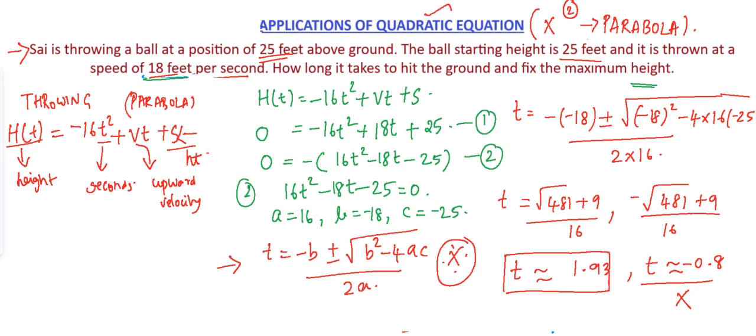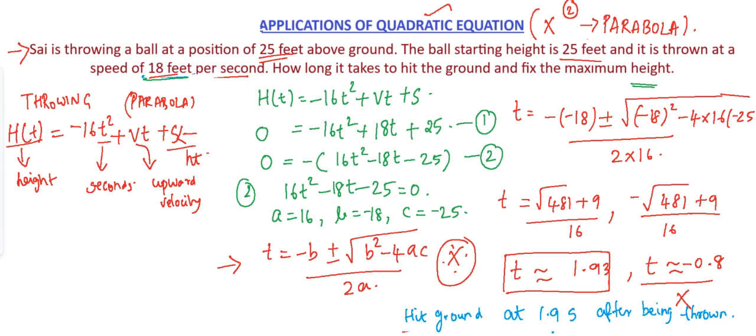What is the interpretation we achieve with the help of 1.9? The ball which is being thrown hits the ground at 1.93 seconds after being thrown. This level of interpretation we can bring out with the help of the quadratic equation.